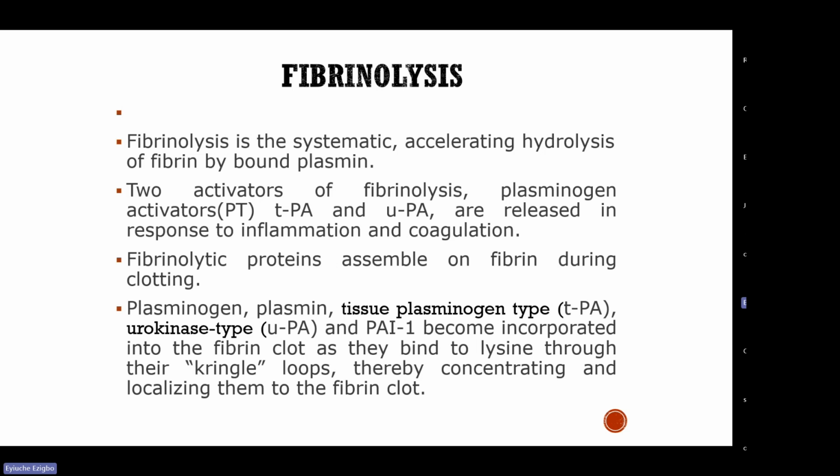Engaging plasmin, we have the tissue plasminogen type. We also have the urokinase type. We also have PAI-1, plasminogen activator inhibitor, which becomes incorporated into the fibrin clot as they bind to lysine through their kringle loops, thereby concentrating and localizing them to the fibrin clots.